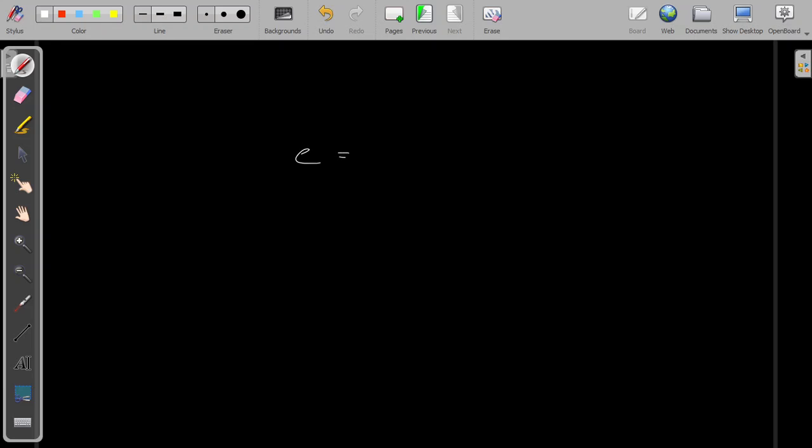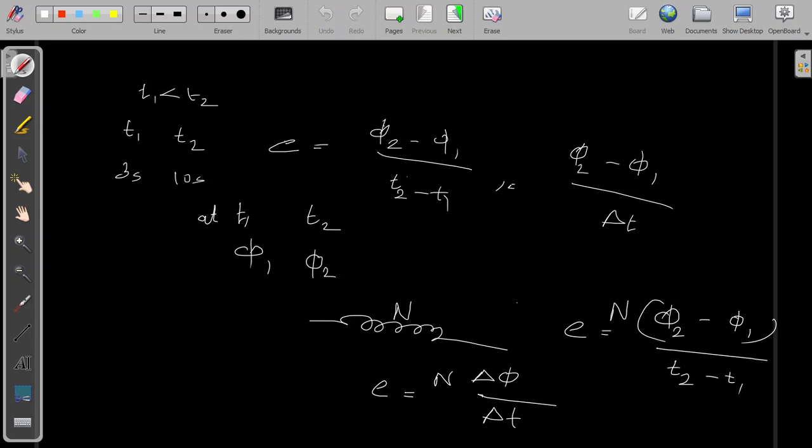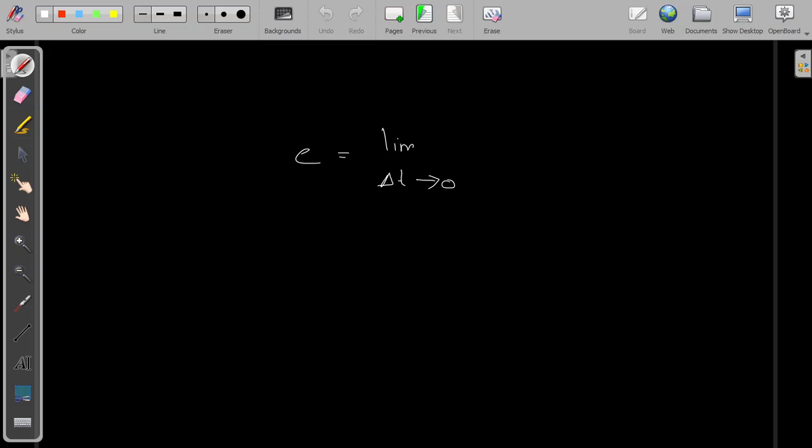E is equal to limit delta T tends to 0, that is, I'm making this delta T very small, infinitesimally small. That means the limit as delta T tends to 0 of N delta phi divided by delta T. Since N is a constant, you can take it out.